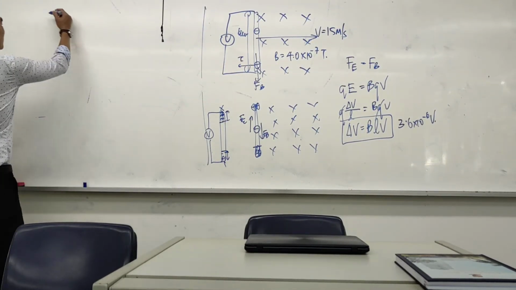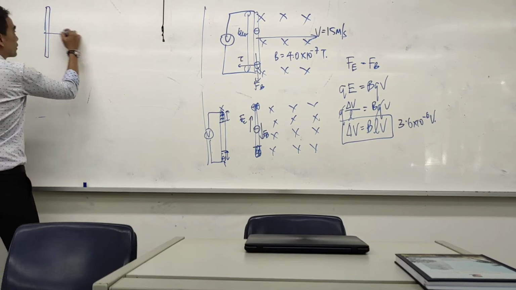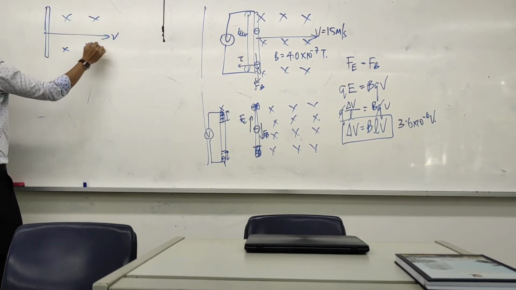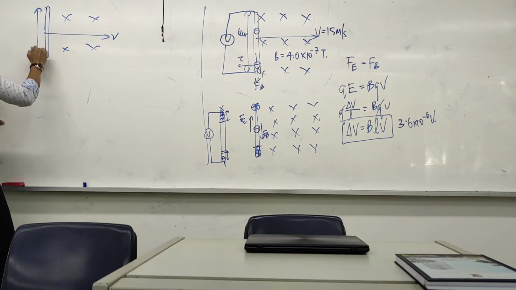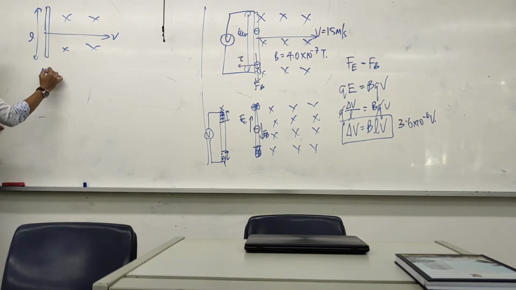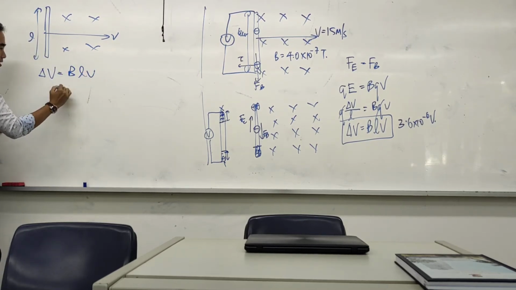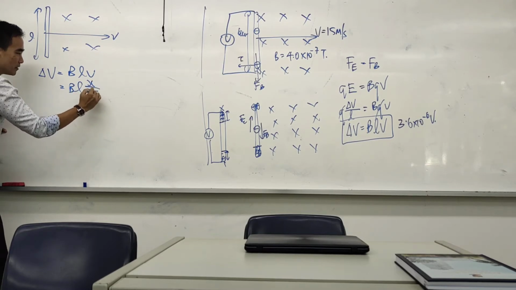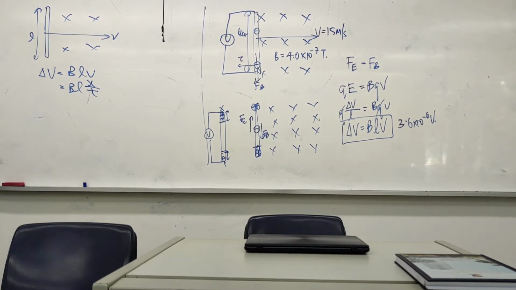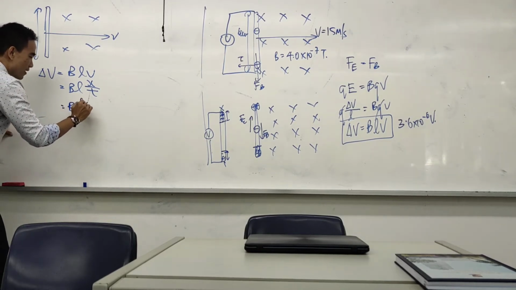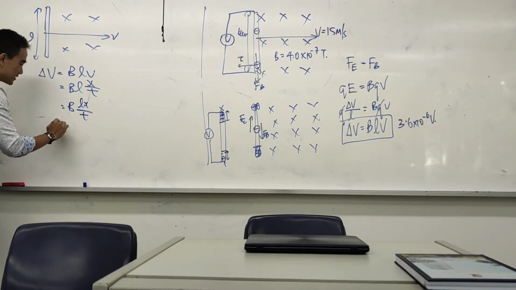Okay. I got a rod moving across a magnetic field, and this is length L. Can you see that delta V equals B L v? v can be written as x over time, displacement per unit time, right? So this is B L x over time. What is L times x?